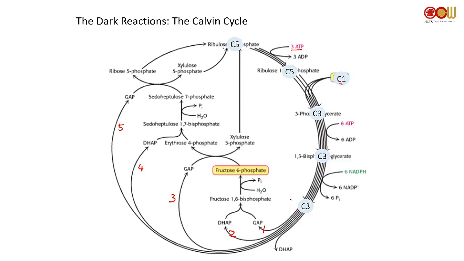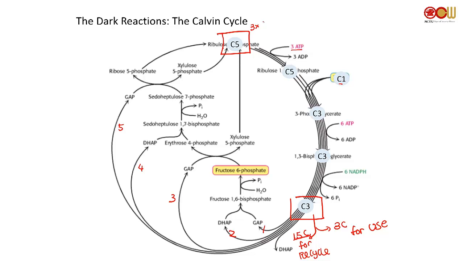So from here, we need to get it back to here. So we're going to split 15 carbons for recycle, and then 3 carbons for use. And why 15 carbon?